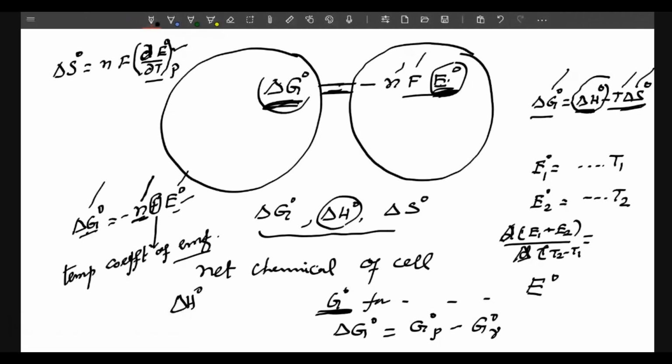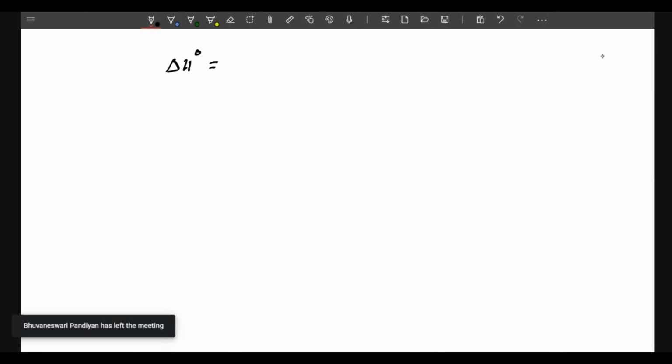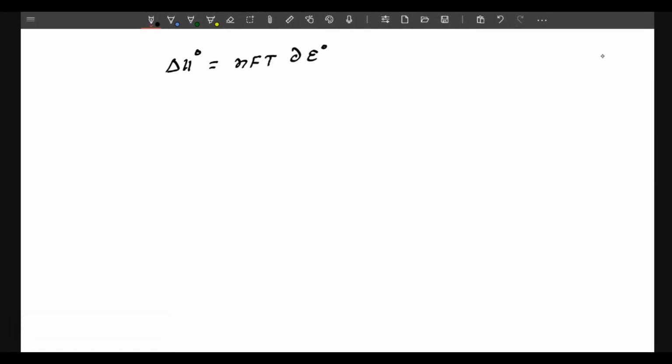And the delta H, another parameter, I will give you the formula and the problems may be worked out in the next class. Delta H or delta H naught, both of them are given by the equation nFT into dou E naught by dou T at constant pressure, minus nF E naught.